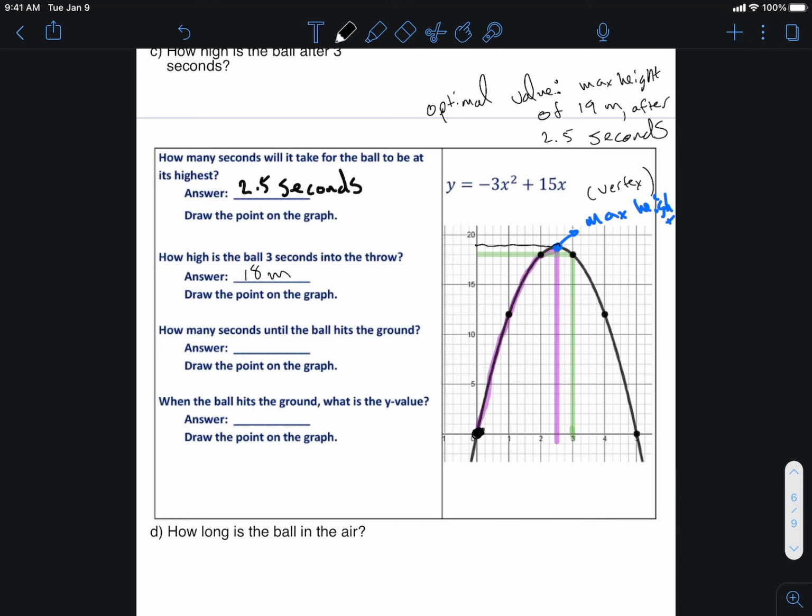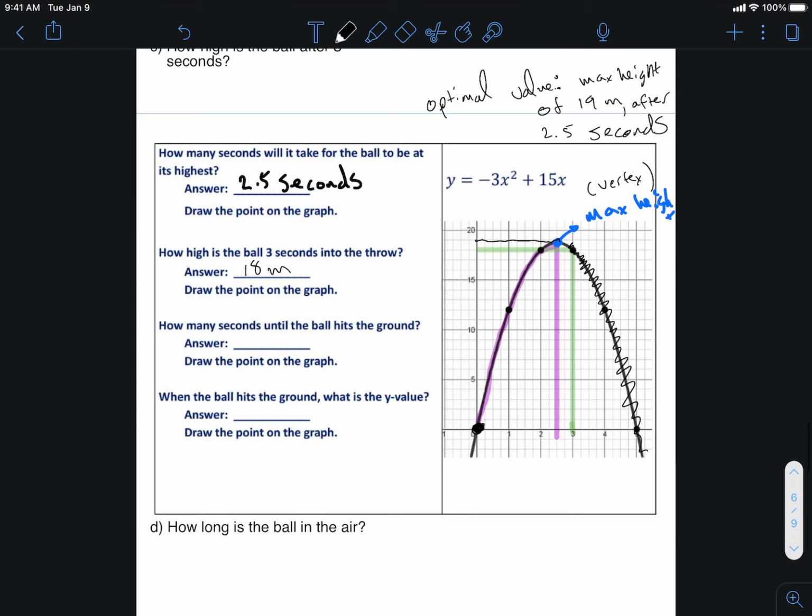And here's the cool thing about finding this axis of symmetry: let's just suppose that I didn't give you this half of the graph. I only gave you half of the object's motion. If the ball reaches the maximum height, and I've given you half of the object's motion, then you should, in theory, be able to say, okay, well, it took 2.5 seconds for the ball to reach its maximum height, right?